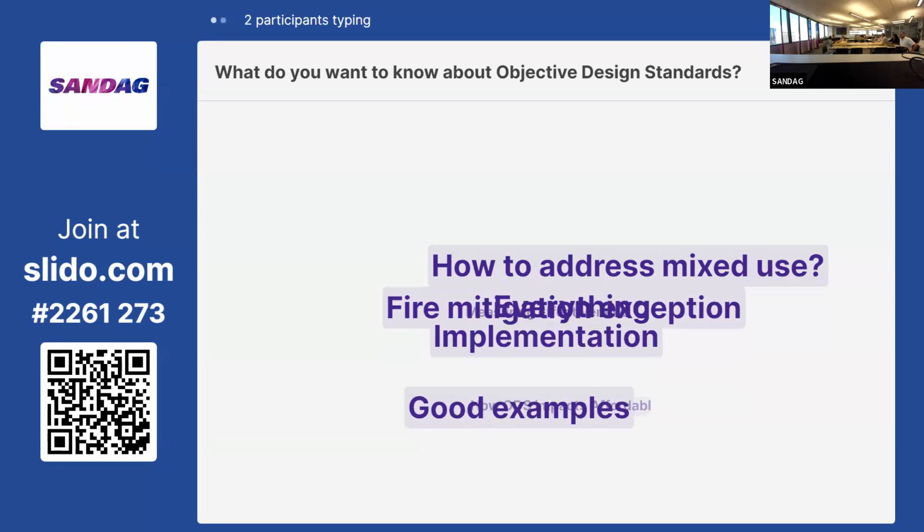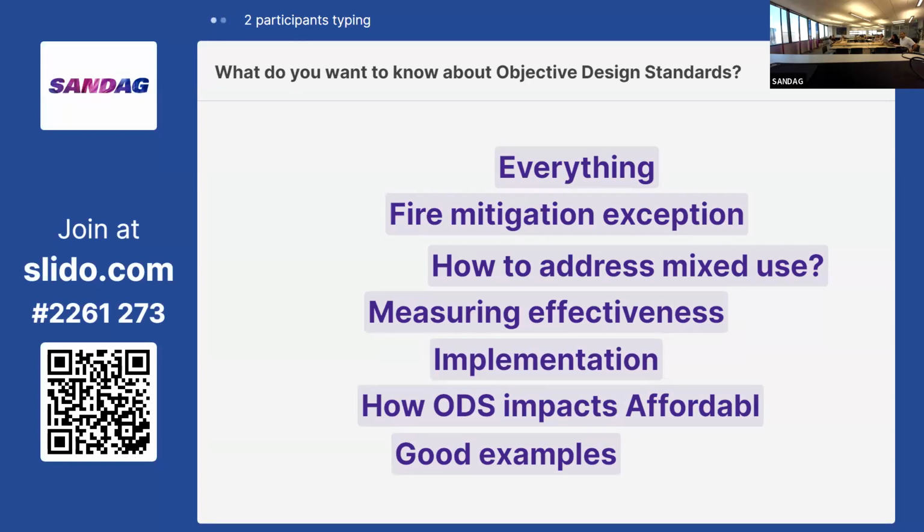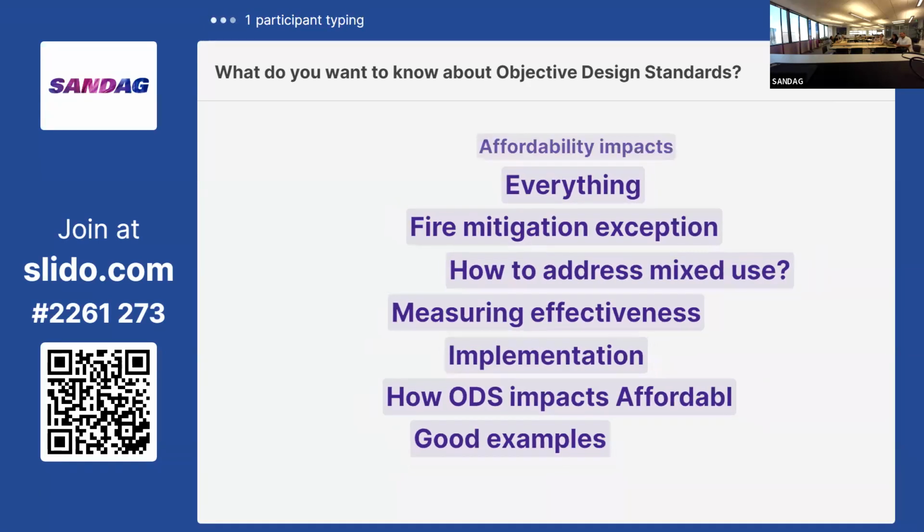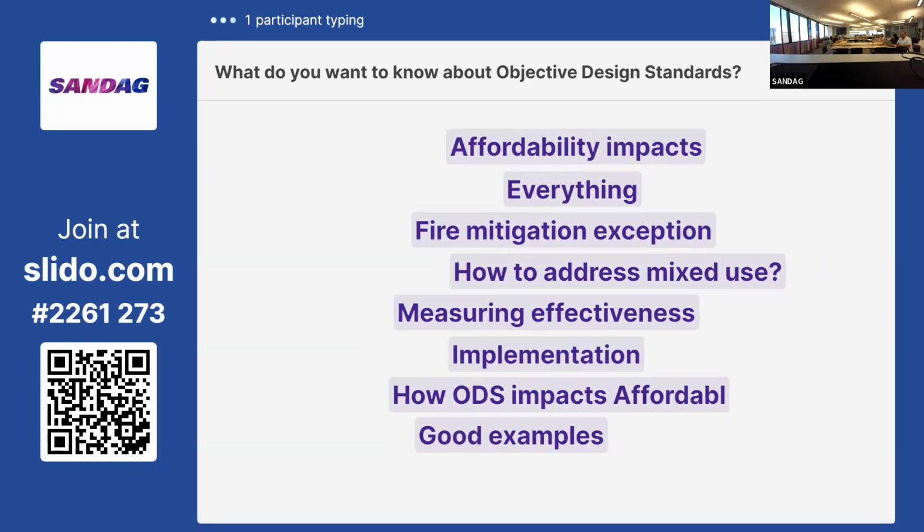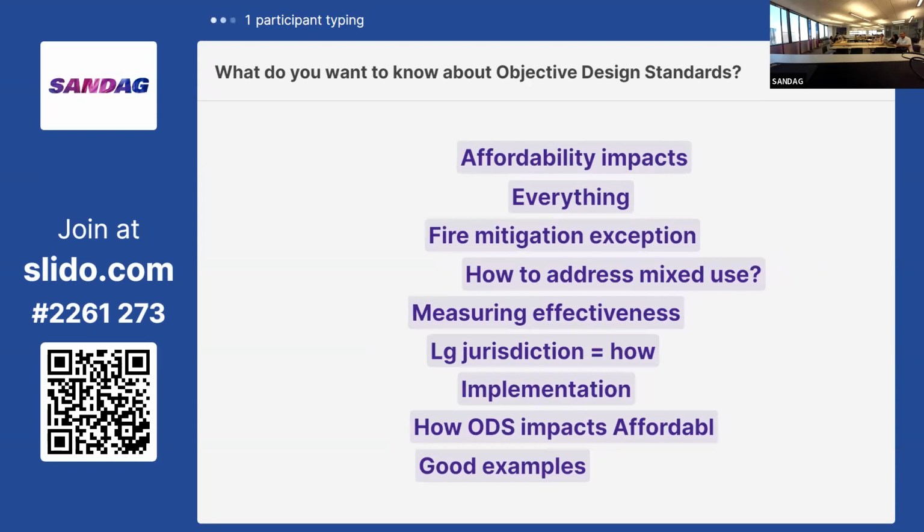Measuring effectiveness. That's a great question. How ODS impacts affordable housing, assuming that says affordable housing, but got cut off. Still see at least one person typing. Affordability impacts, that might be the finishing thought to that. Large jurisdiction, how do you do objective design standards? Definitely a challenge.